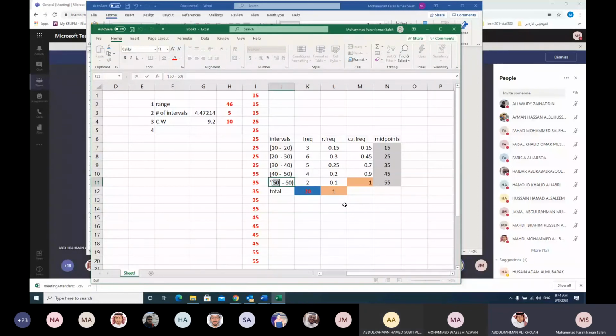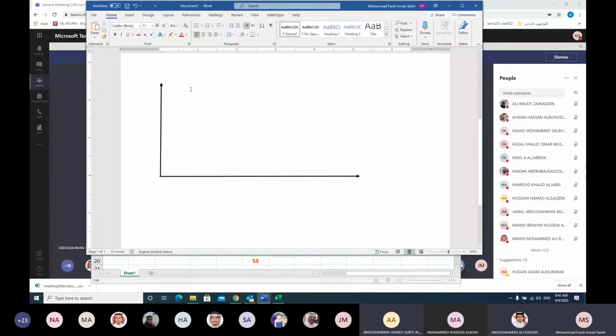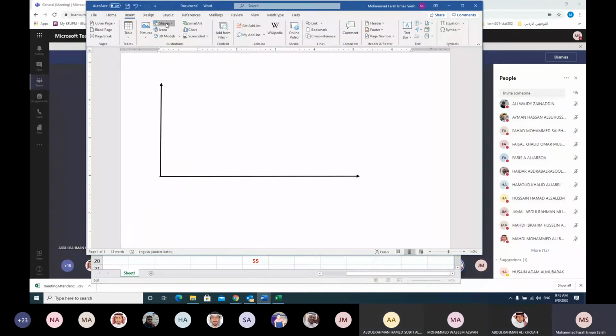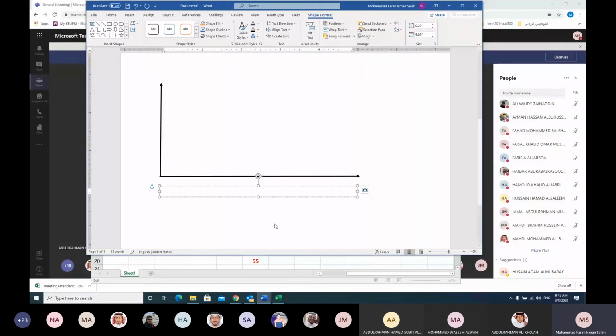These are upper. Now put them on the x-axis: 10, 20, 30, 40, 50, 60.